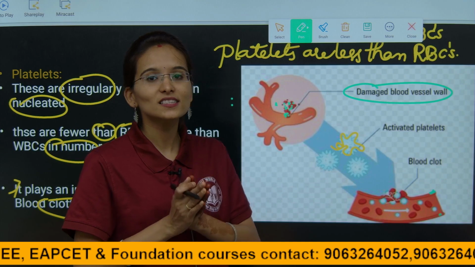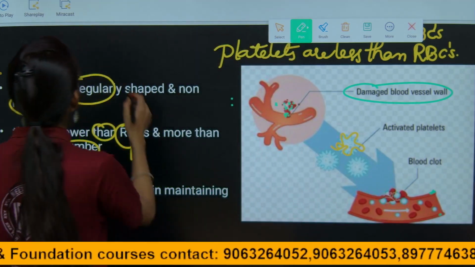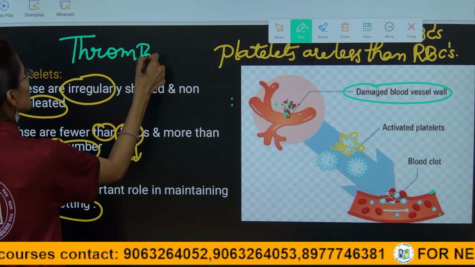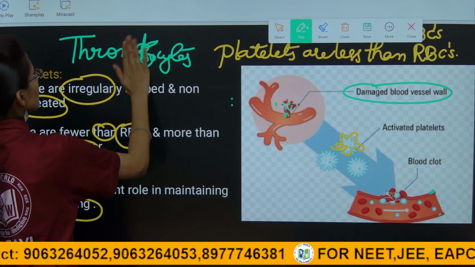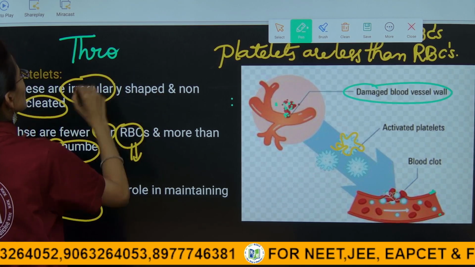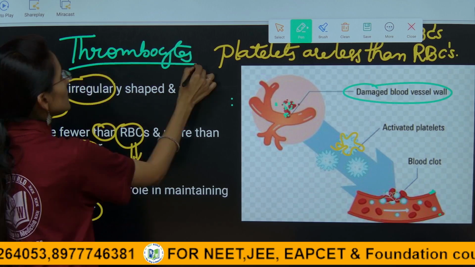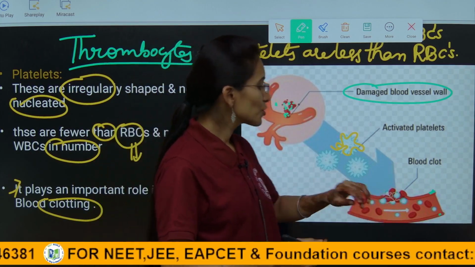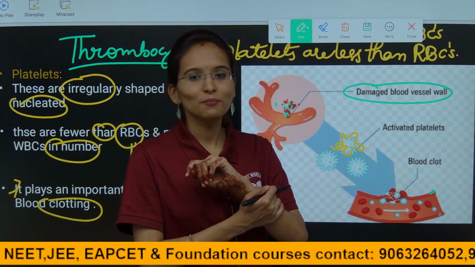The special cells are called platelets. These are also called thrombocytes. Thrombocytes are also called platelets. They are activated and come into action where the injury happens.